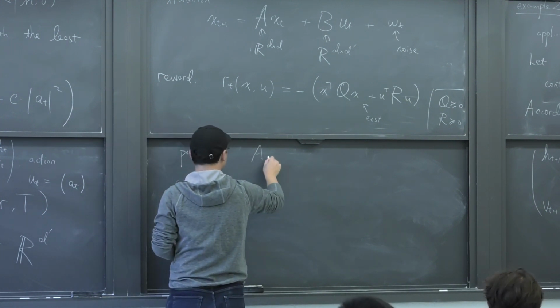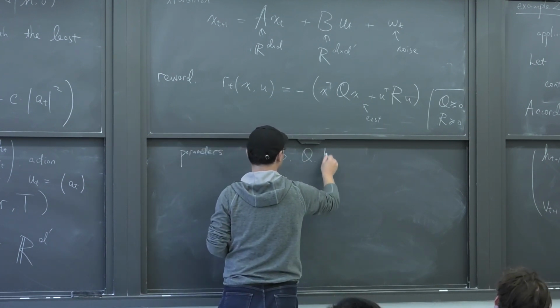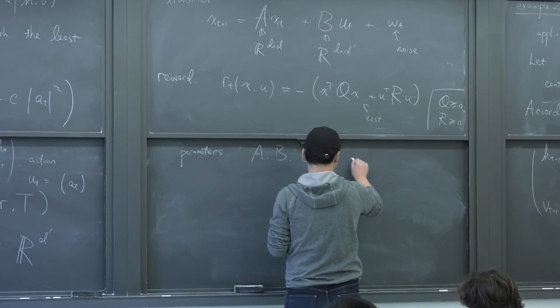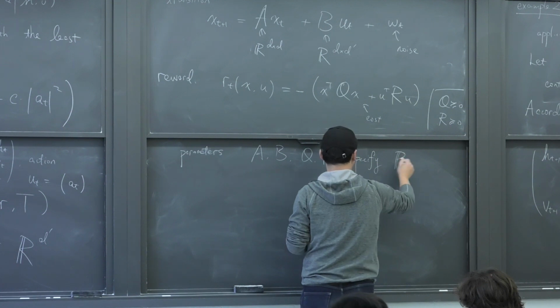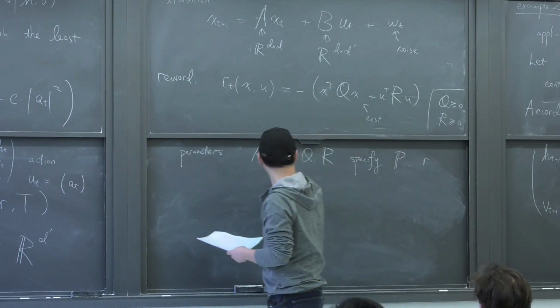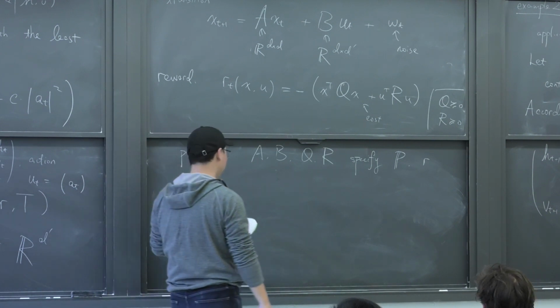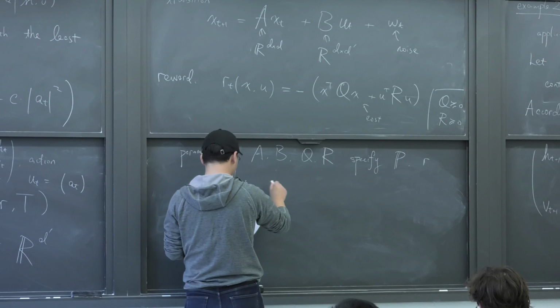We have A, B in the dynamics and Q, R in this reward. So these 4 matrices specify the transition and the reward. The first 2, A and B, specify the transition, the later 2, Q and R, specify the reward. And those 4 matrices thus specify the LQR.